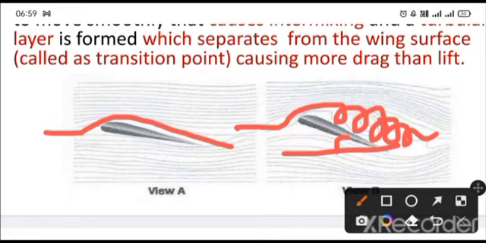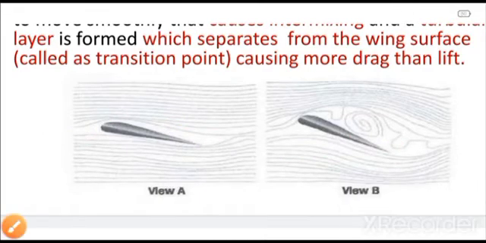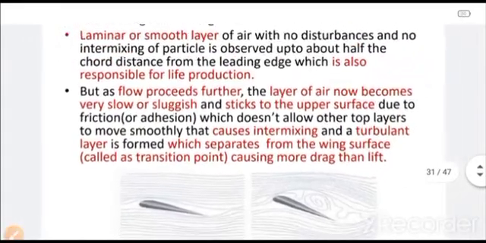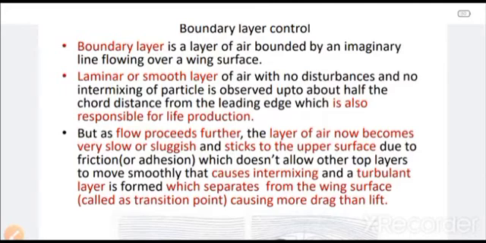So in order to make this aircraft go up, or you can say to increase the angle of attack as well as to have laminar flow over the wing, we utilize some sort of boundary layer control, which allows us to give a smooth or laminar flow over the upper surface of the wing.